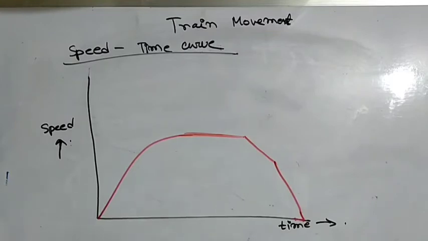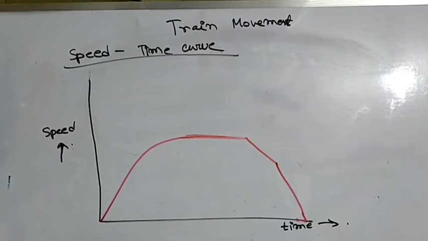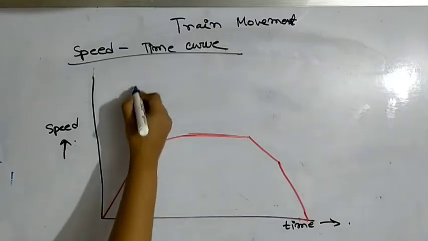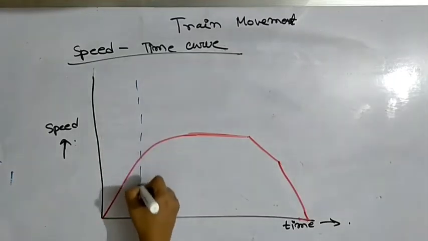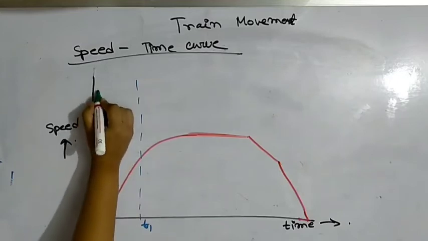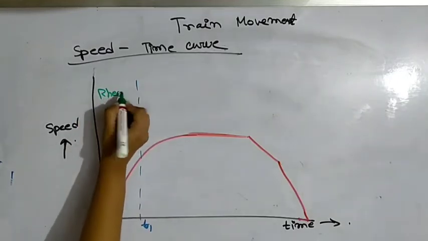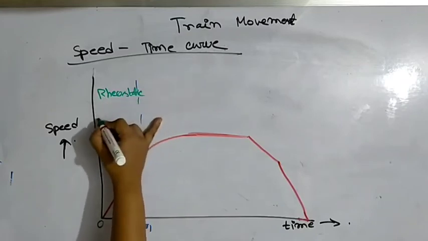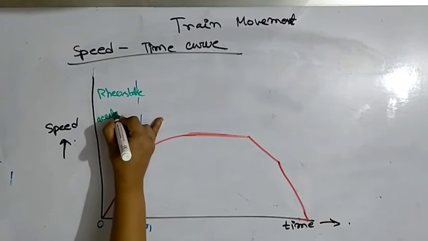First is the notching up period. This is 0, this is T1. This is rheostatic acceleration.